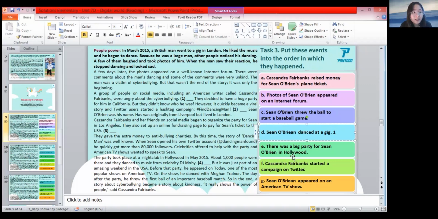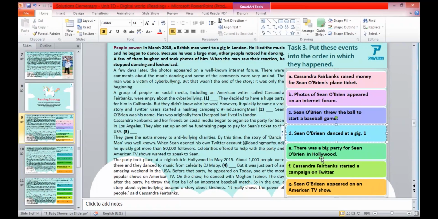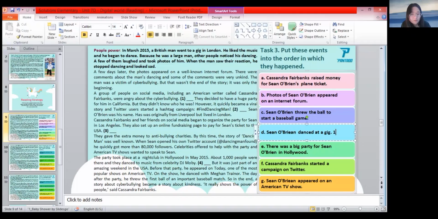What comes next? The second event is B. Photos of Sean appeared on an internet forum.